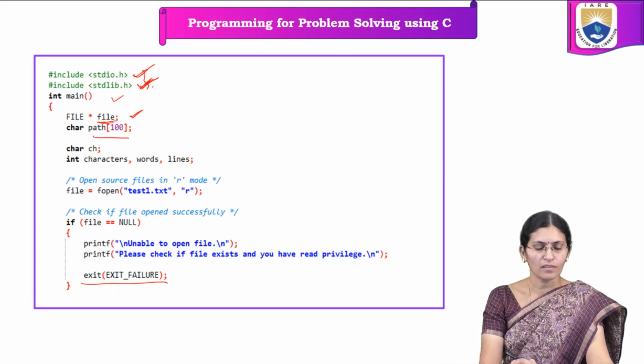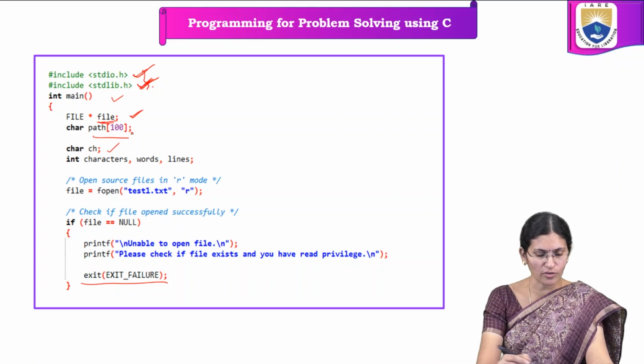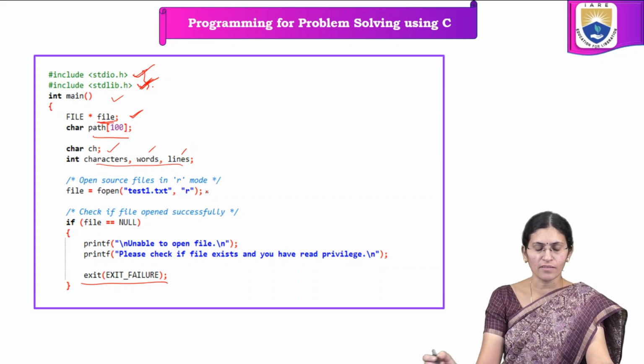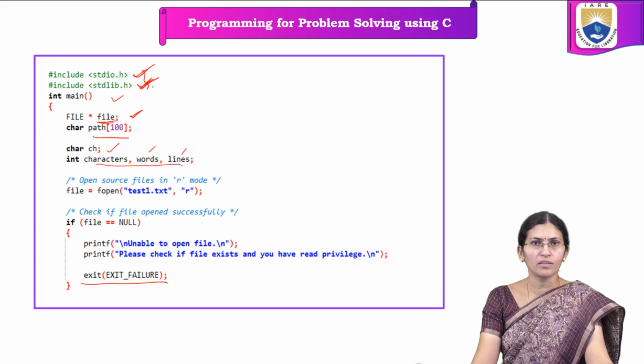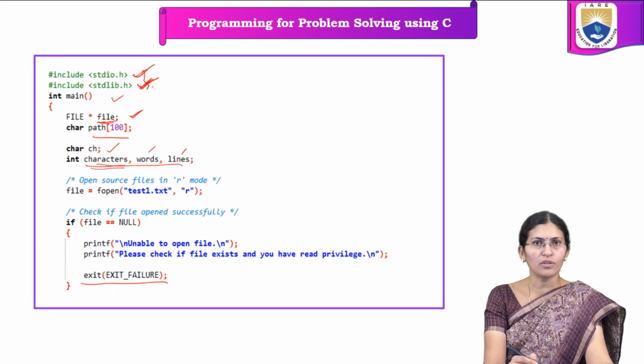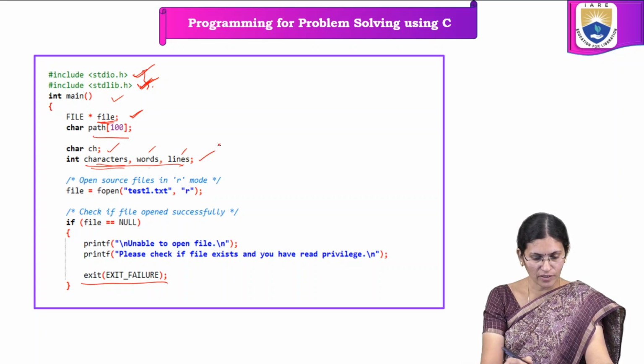Next, one more variable ch of type char, and then three integer variables: characters, words and lines. These three integer variables are used to store the count of characters, words and lines, so we have declared them as integers.